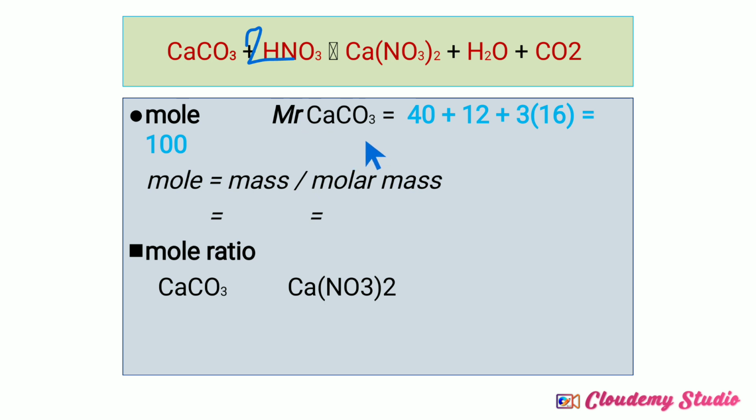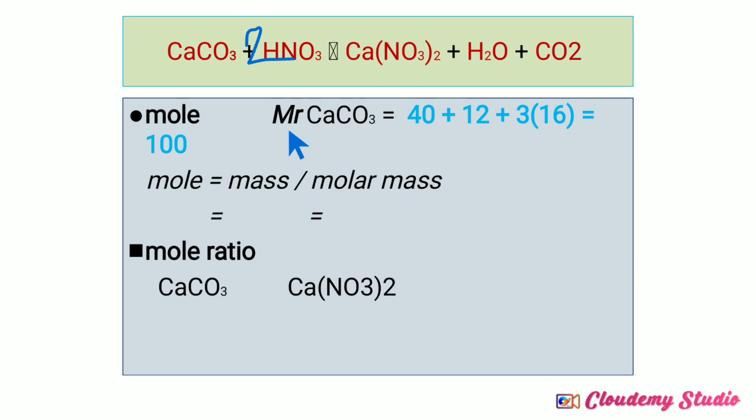The molar mass is based on the relative atomic mass, simplified and given as M subscript r, the relative molecular mass. That relative molecular mass expressed in grams we consider as molar mass.